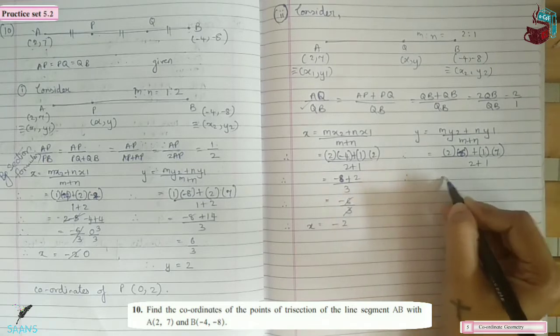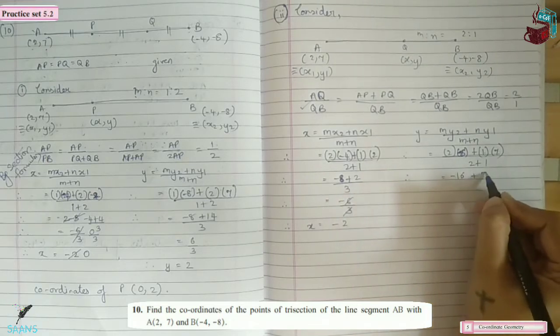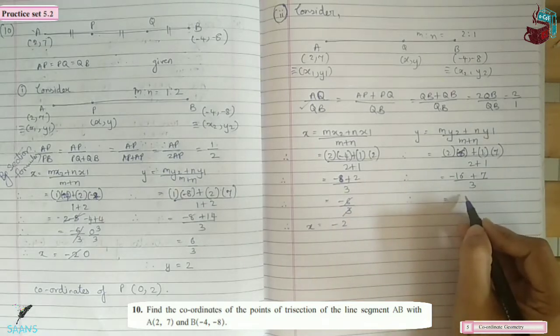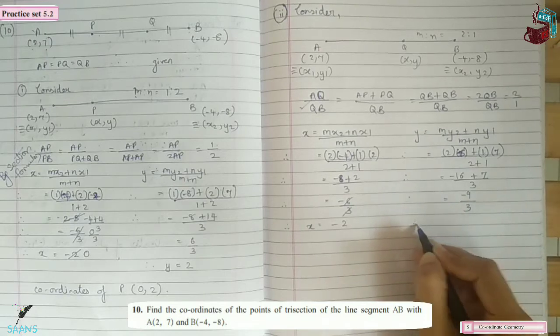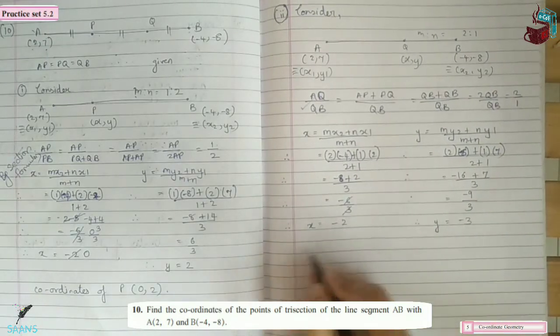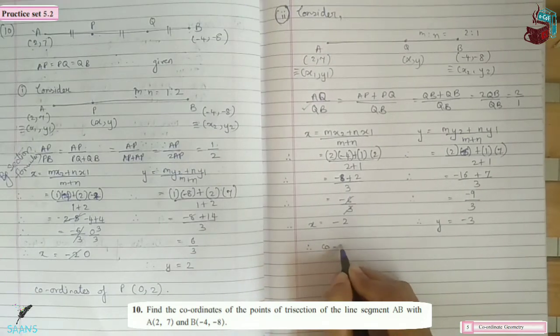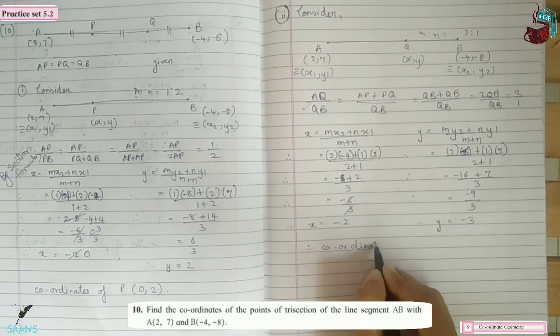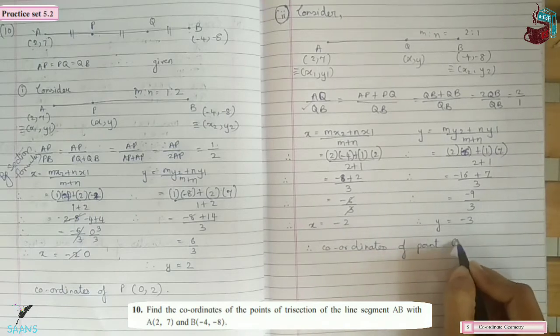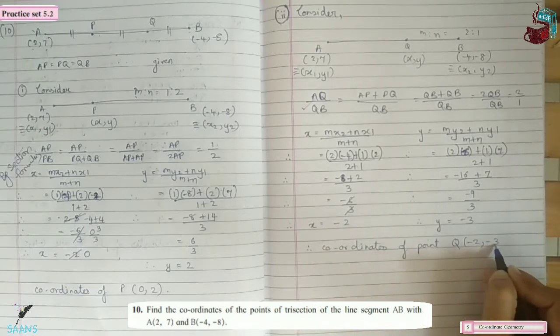Therefore, that is equal to minus 16 plus 7 upon 3. That is nothing but minus 9 upon 3. Therefore, y is equal to minus 3. Okay, so therefore the coordinates of point Q are minus 2, minus 3.